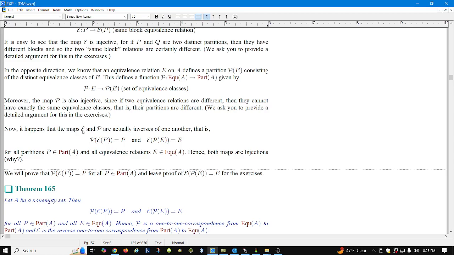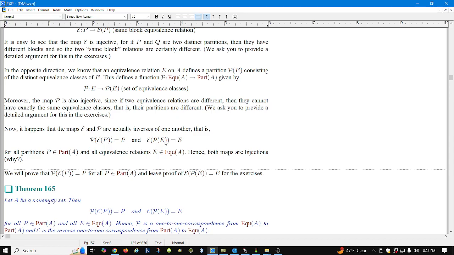Well, it happens that these two injective maps, E and P, are inverses of each other. In other words, this is where it gets a little tongue twisting. If you start with a partition and you form the same block equivalence relation, and then you take its equivalence classes, you get the blocks of P back again.